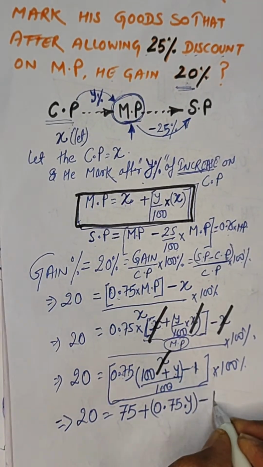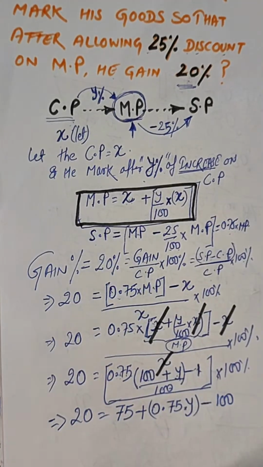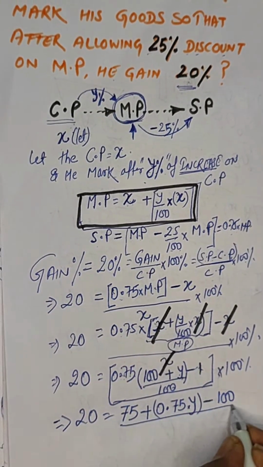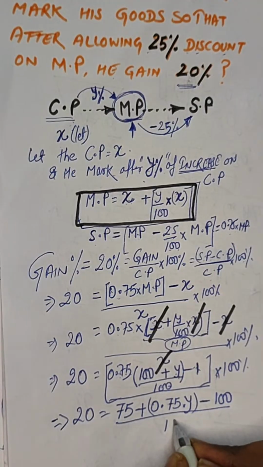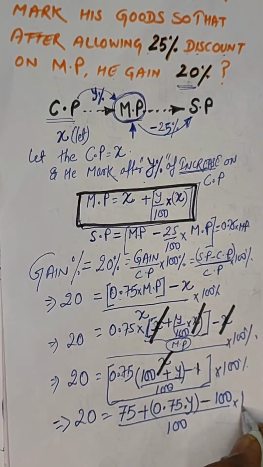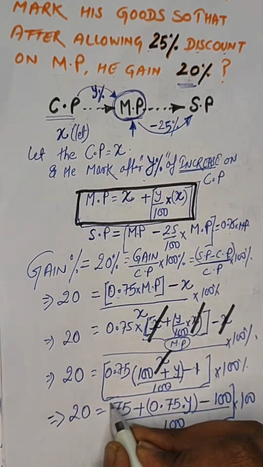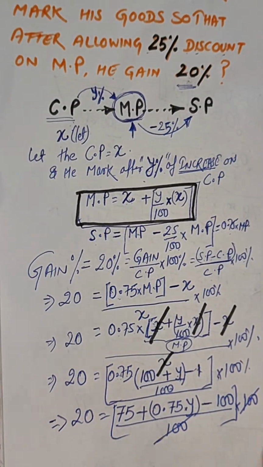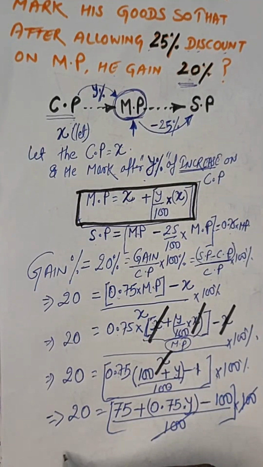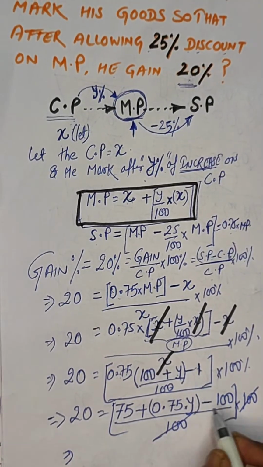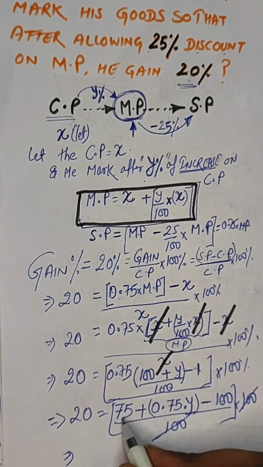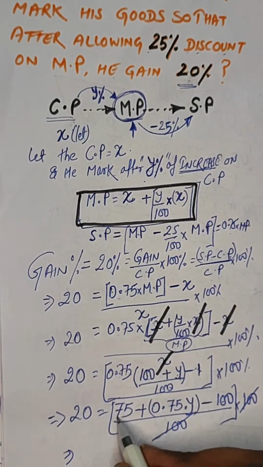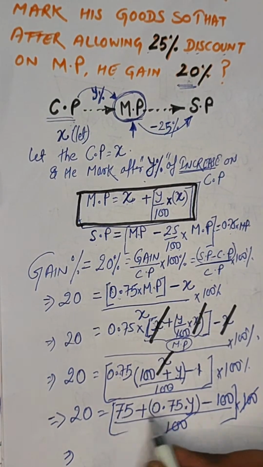So this will be minus 100, whole divided by 100 into 100. Here you can see 100 and 100 will be cancelled out, and we are left with minus 100 plus 75, which is minus 25.